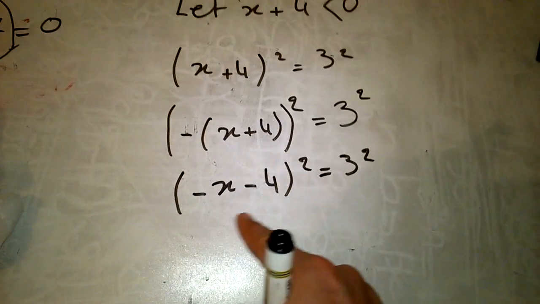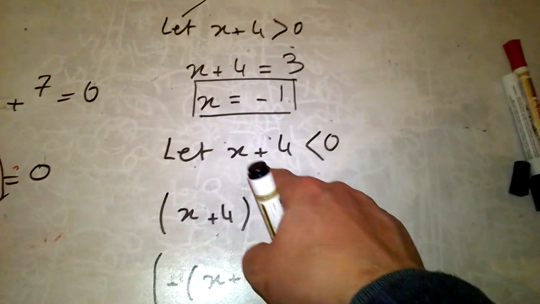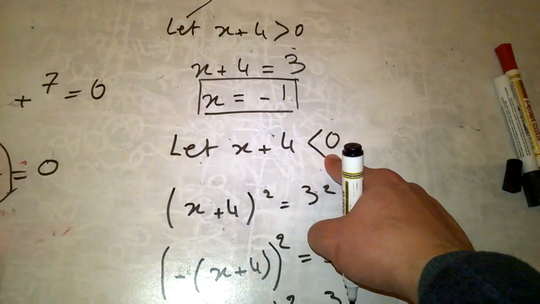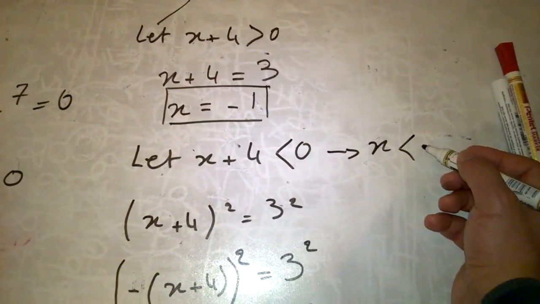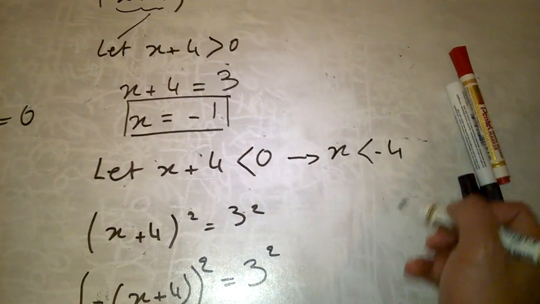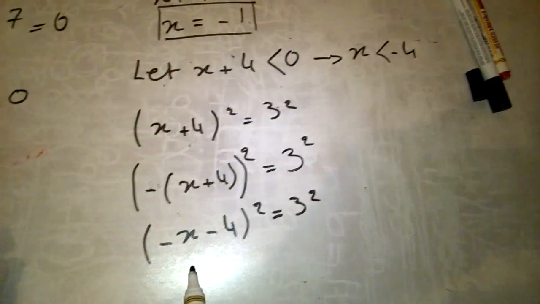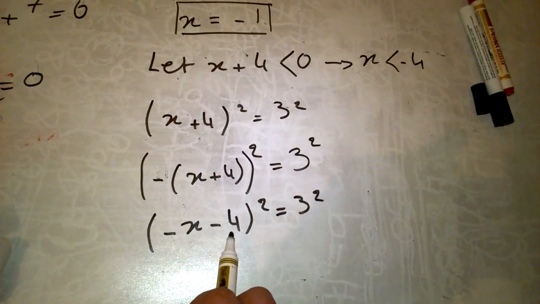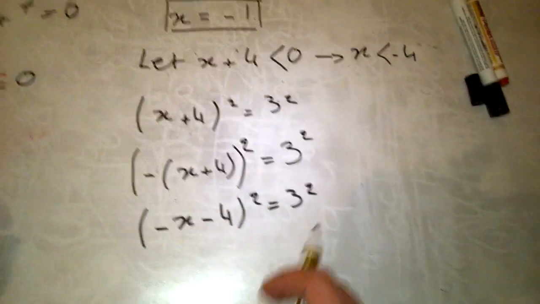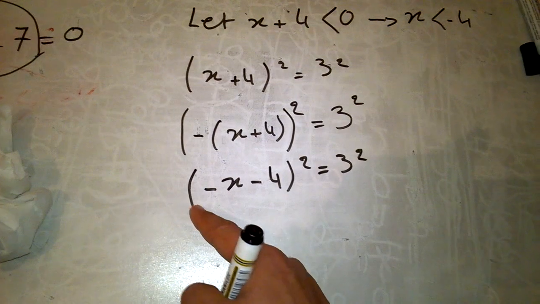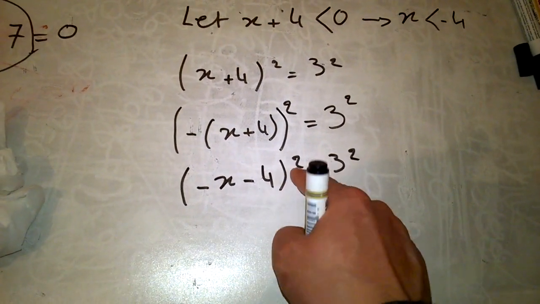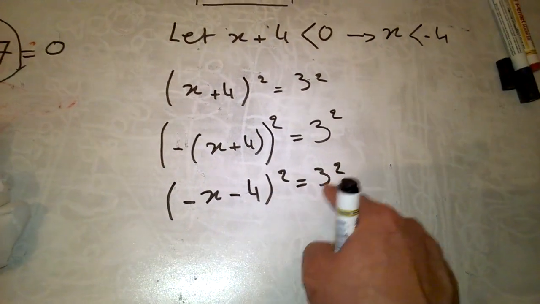Now in case x plus 4 is less than 0, that means x is less than minus 4. In this case we have minus x minus 4 all squared is equal to 3 square. The inside of the bracket is positive, that means we can take the squares out, and 3 is positive obviously.